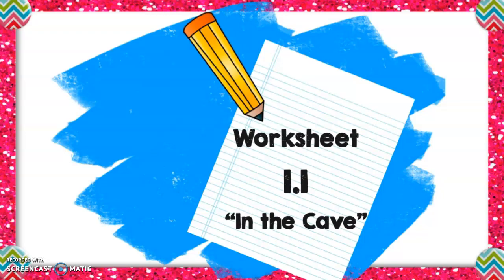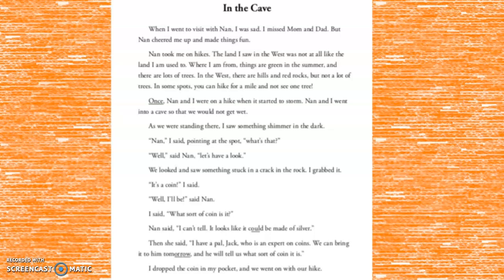What I want you to do is your activity page 1.1 should look like this. You can either read this to yourself, or you can have an older brother or sister, mom or dad, whoever's at home helping. They can read it to you, or you can take turns reading. I want you to read it at least 2 times. When you're done reading, you can go to the next page, and I'll tell you what you're going to do.